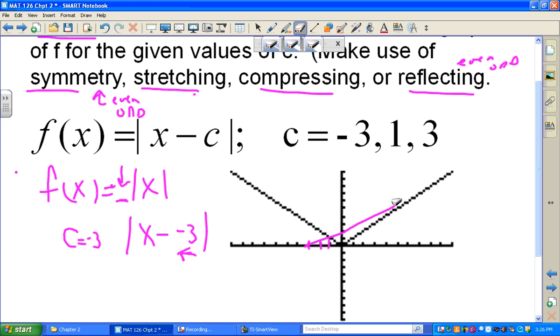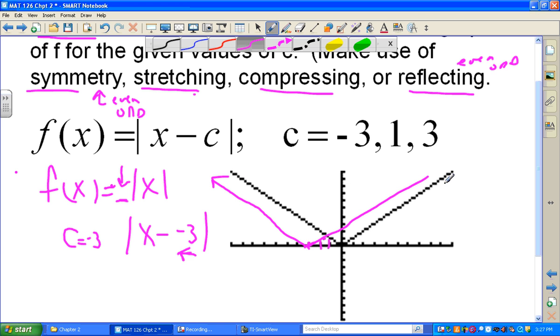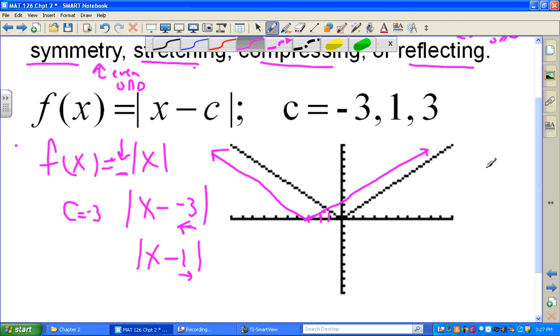Now, an easy way around this is just to graph it out. Graph them all out and see what happens. For right now, I'll put this one up here. There we go. There's 3. And there you go. If I put in 1, x minus 1, it actually moves the graph to the right 1 unit. So I make a dot at 1, and I'm going this way. Okay?